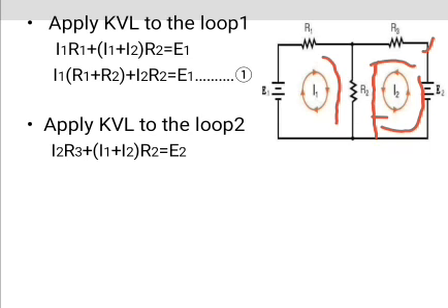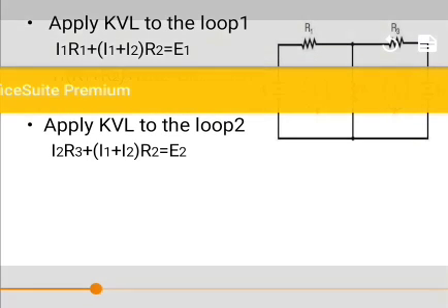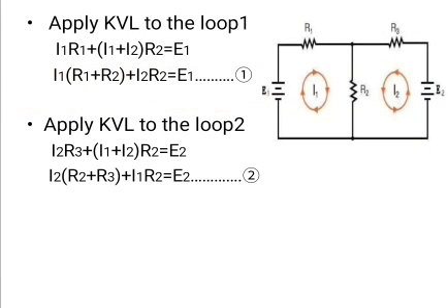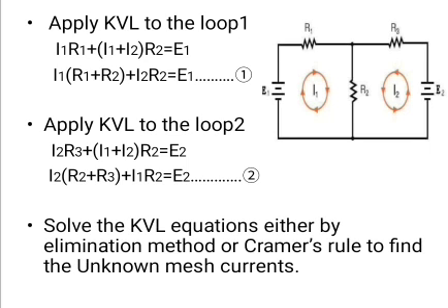That means from negative to positive, the rise in potential, you must take positive, this side equals E2. Next, I2 into (R2 plus R3) plus I1 into R2 equals E2. Say this equation 2.